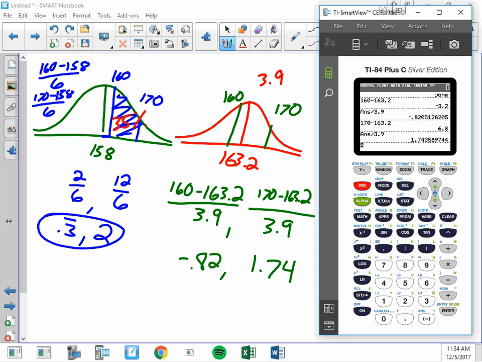So I'm going to shade norm from negative 0.82 all the way to 1.74.